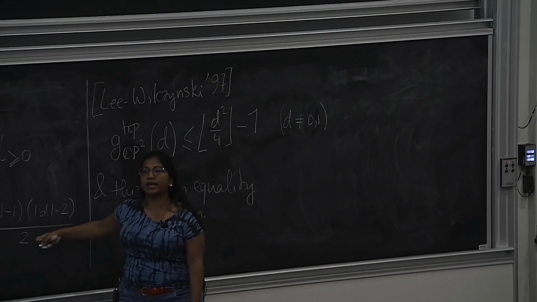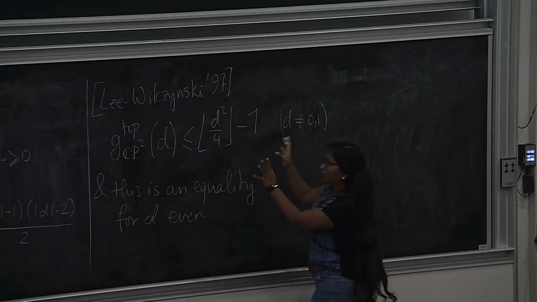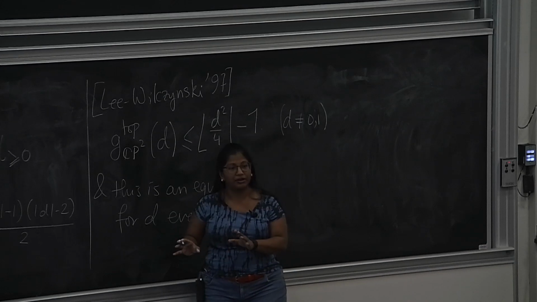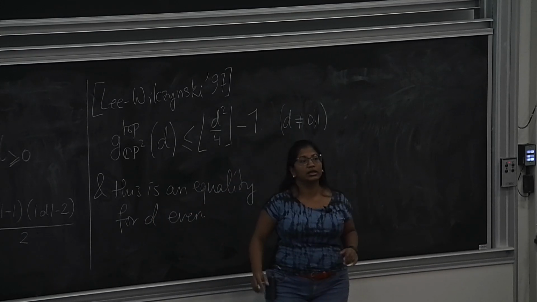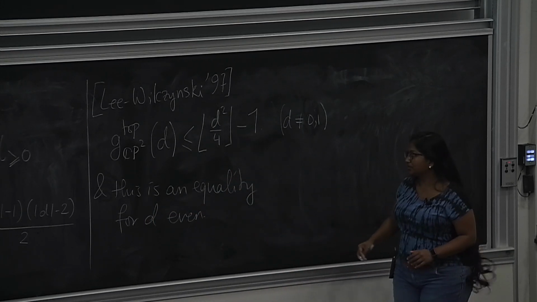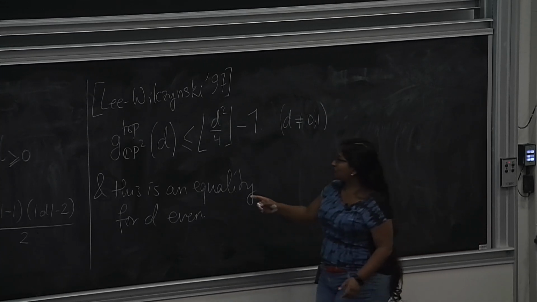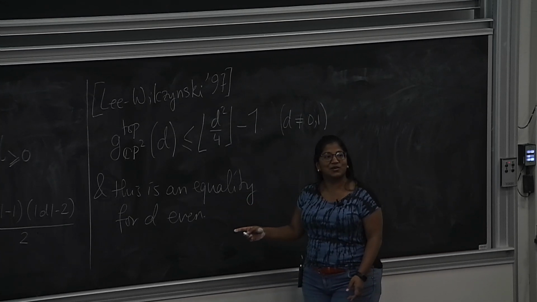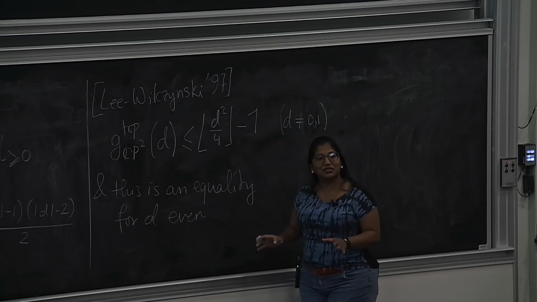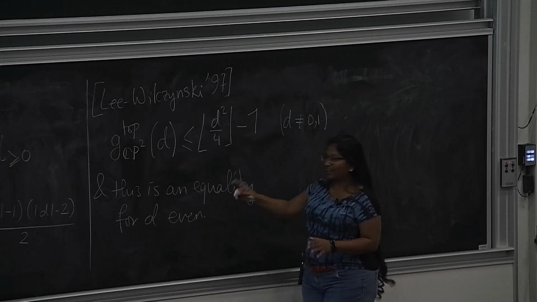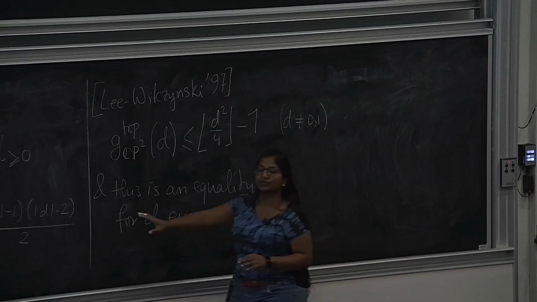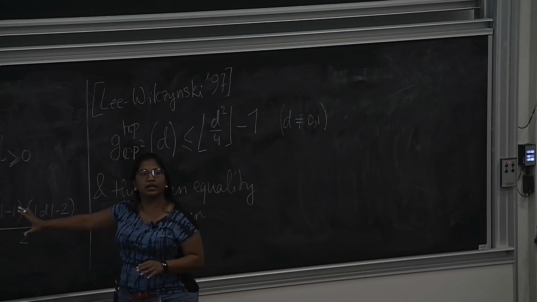So this is another example where the topological thing and the smooth thing are different, in fact, quite different. And it is worth pointing out that we don't know the rest. The rest is open. So the topological genus function for CP2, I don't know it fully, even though it is fully known in the smooth setting.